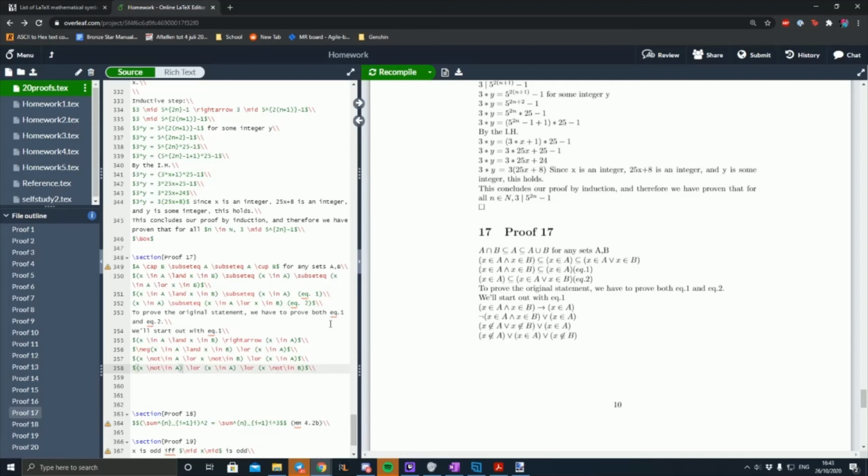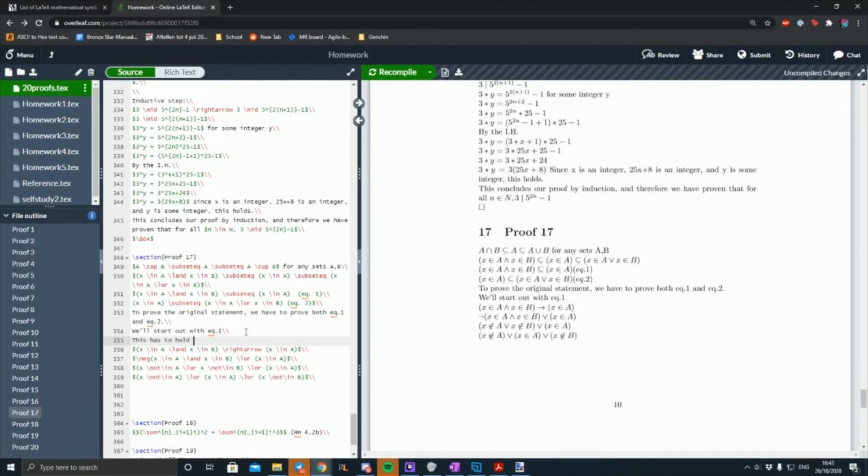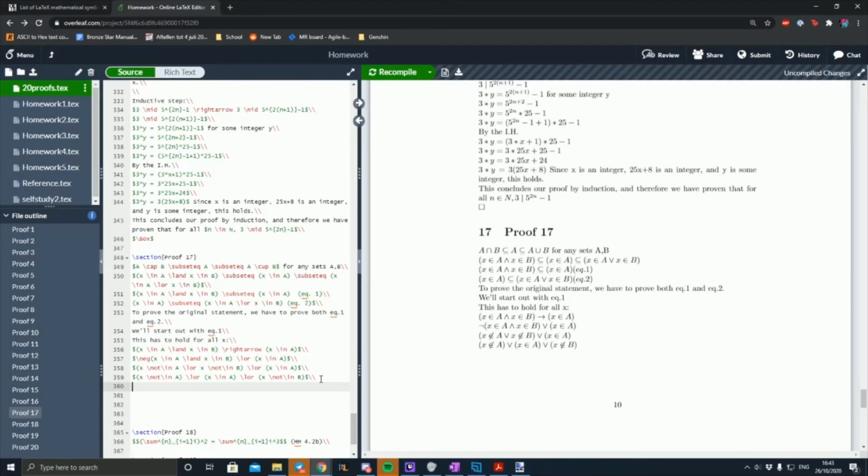And this has to hold for all x. And because we know that this part, so x is not in A or x is in A, that means that's the universe or x not in B, with u being the universe.